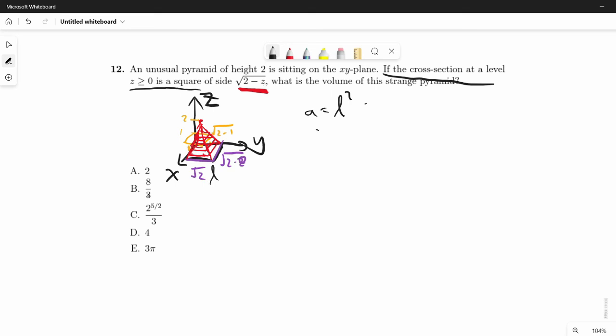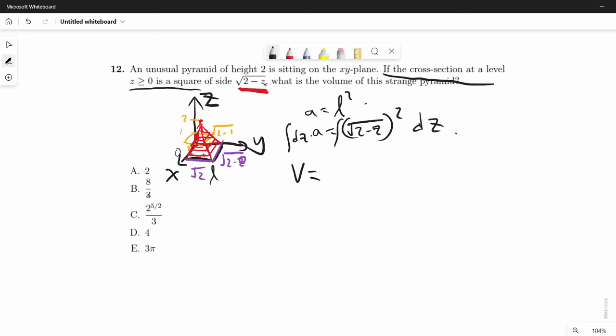So each area in this case would be root 2 minus z, squared, times dz. We integrate over dz, then we can get the whole volume. We're accounting for every single level from 0 to 2. So with that in mind, let's just write the integral.